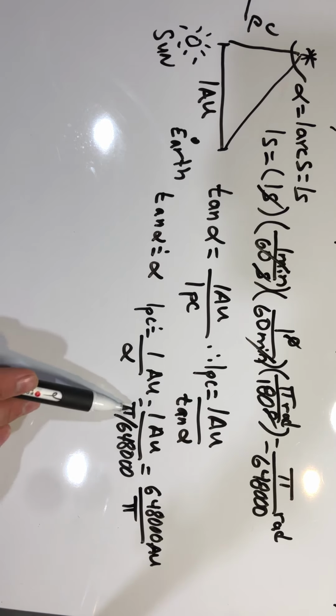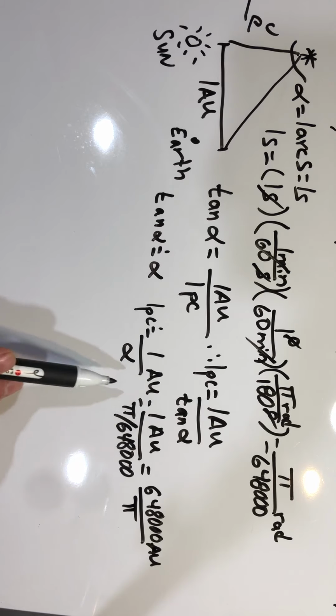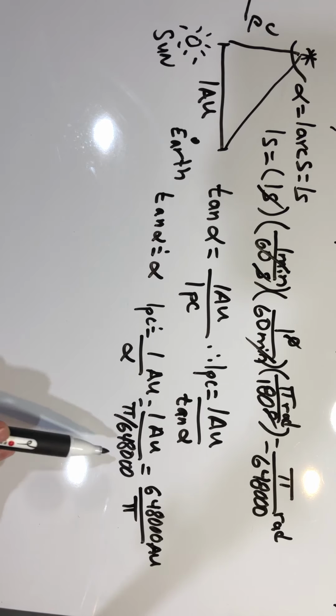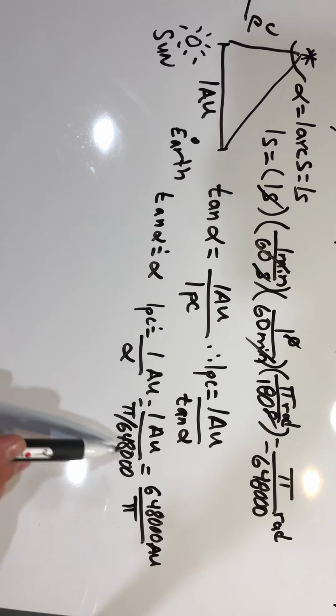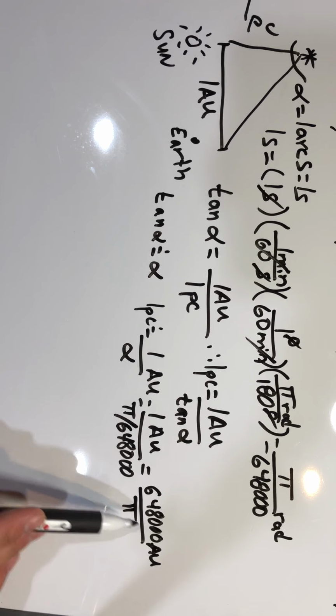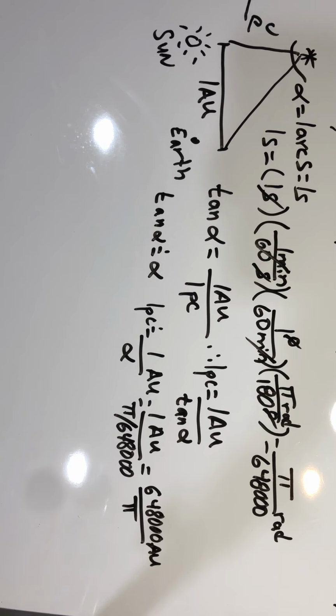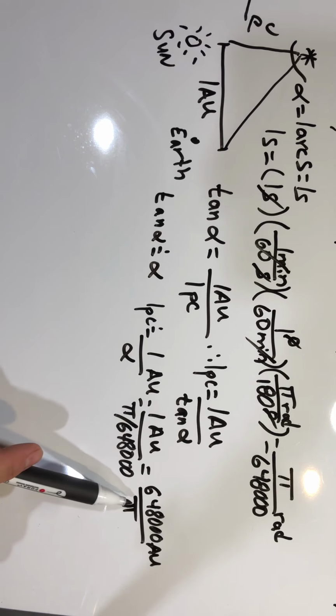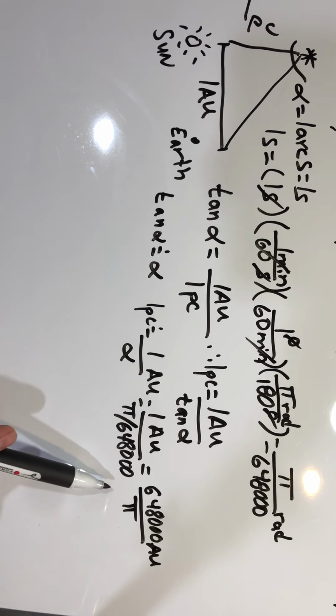This fraction, pi divided by 648,000, is going to flip. And so you are going to end up with the number 648,000 on top and the number pi at the bottom. Okay, fine. So now we can reduce that further if you want, but that's the definition of a parsec. 1 parsec is precisely 648,000 astronomical units divided by pi.